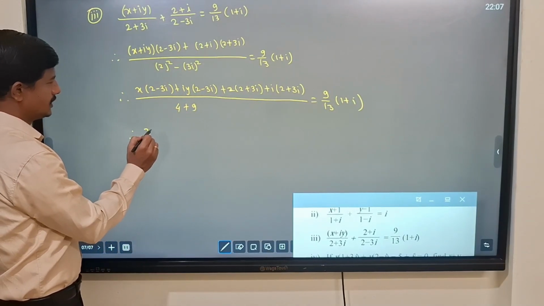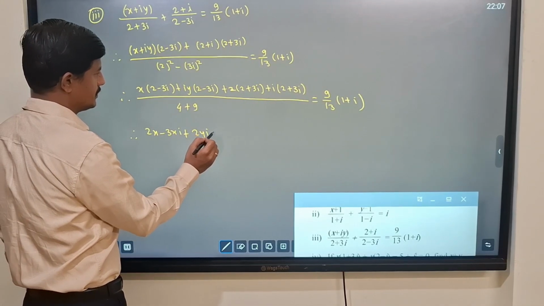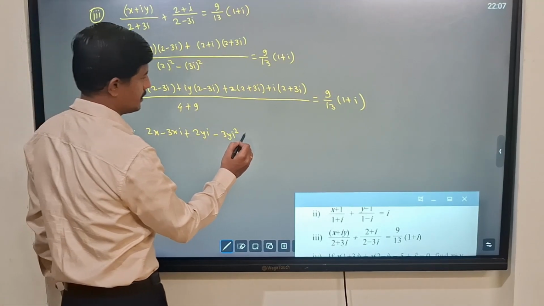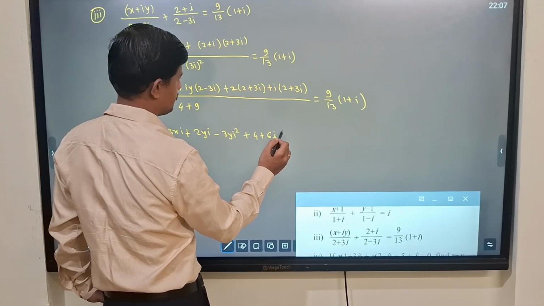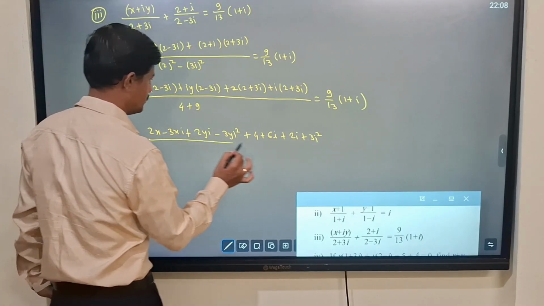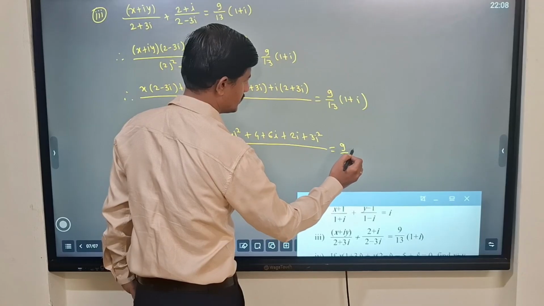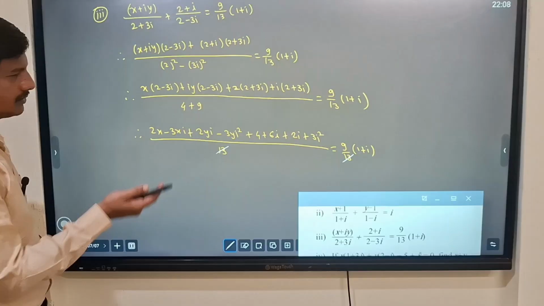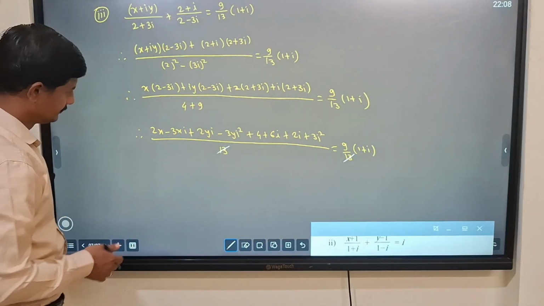So 2x minus 3xi plus 2yi minus 3y i square plus 4 plus 6i plus 2i plus 3i square upon 4 plus 9 is 13, equal to 9 upon 13 into 1 plus i. Now this 13 and this 13 get cancelled.